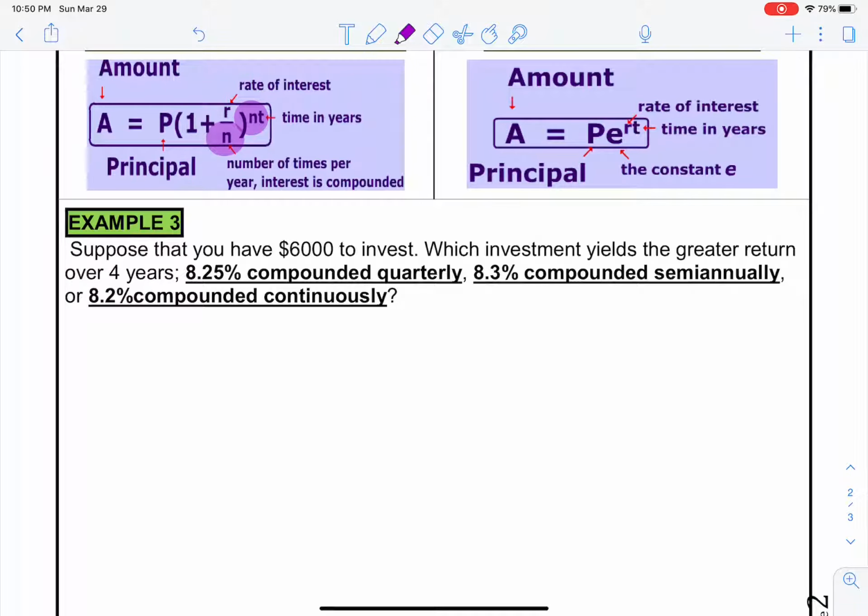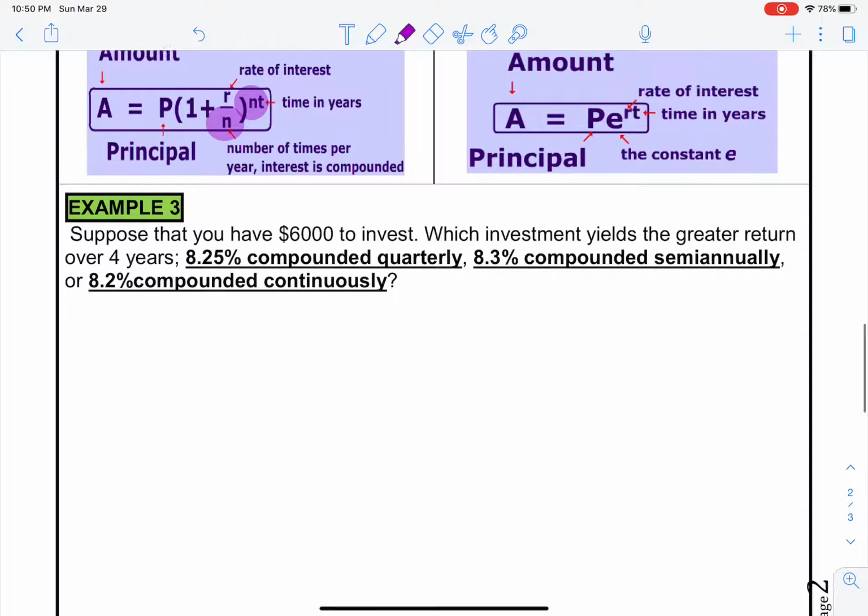But if we have to apply interest in a continuous fashion, in other words, we don't have a fixed number of times when we apply the interest, rather we choose to apply the interest continuously throughout the year, then the formula reduces to P times e raised to rt.